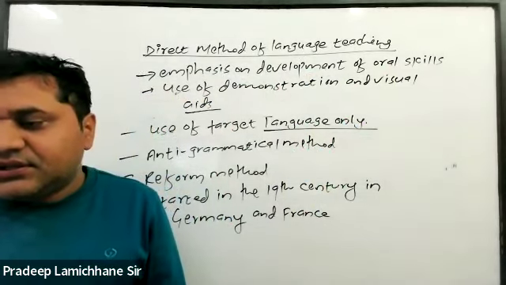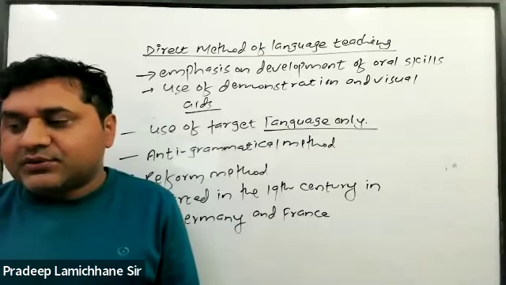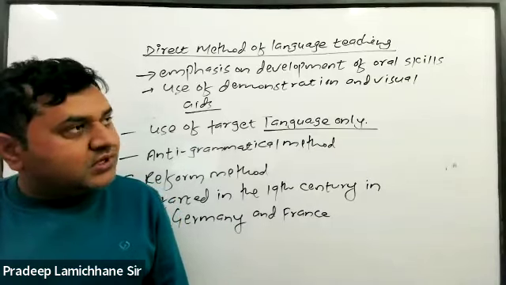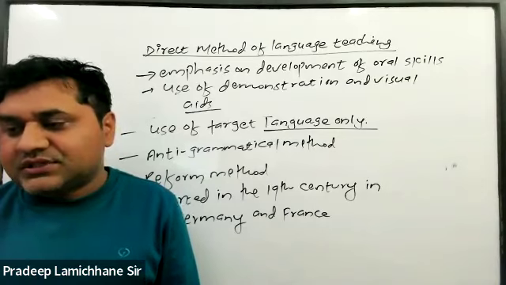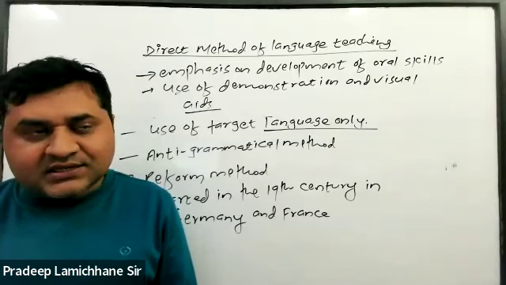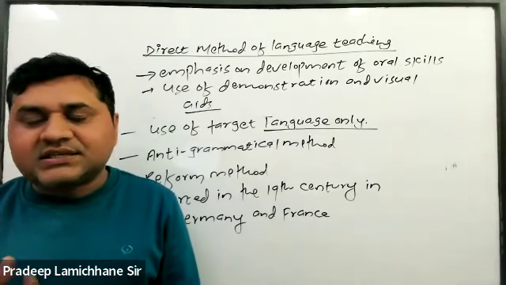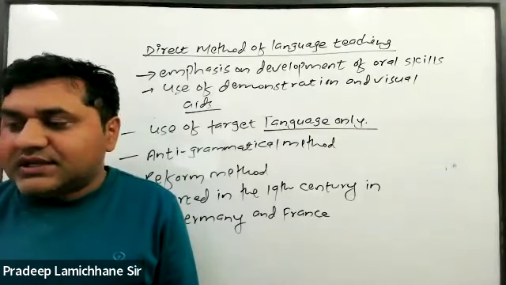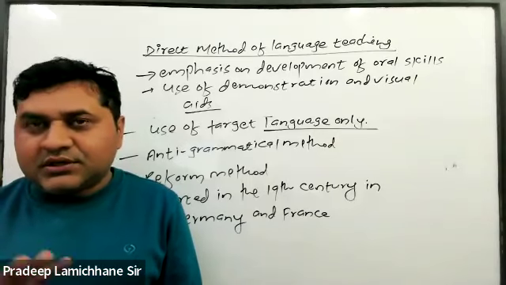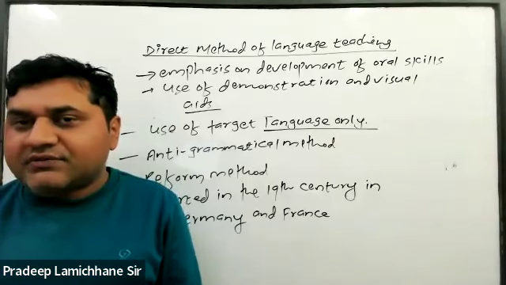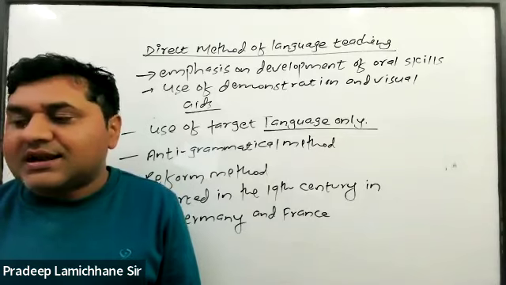In direct method, there is no use of any native language. The teachers are not allowed to use their native languages. Instead of explaining and describing subject matters in detail, the teachers have to demonstrate activities. The teachers have to use different visual and audio materials and like that.